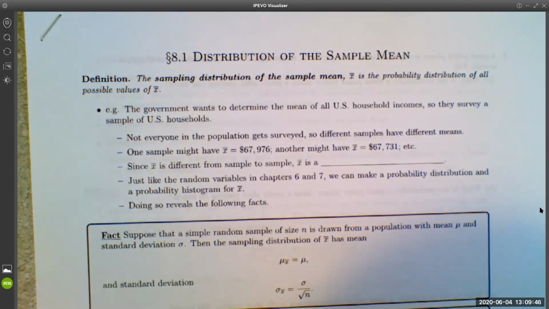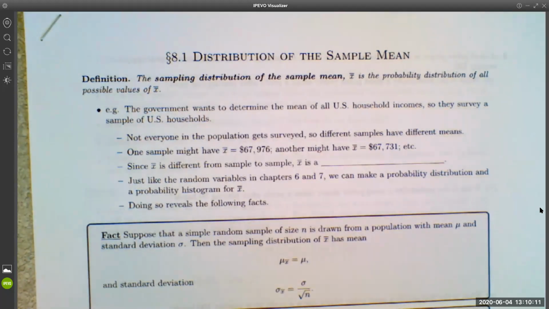What I want to do is I'm just going to start off by giving you the result. I'm just going to tell you exactly how to solve the problems that we're interested in solving in chapter 8. And then when I'm finished doing that, then we'll go back and discuss why we're interested in solving these kinds of problems and how we know that this is an appropriate way to solve them.